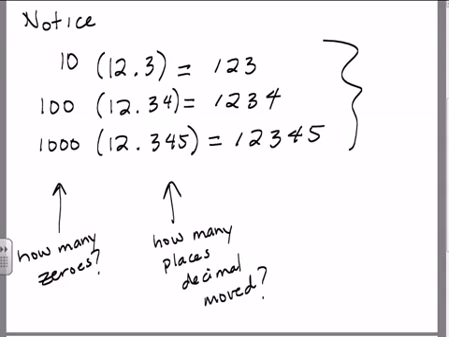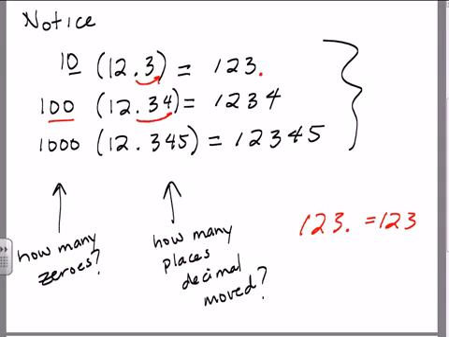So the shortcut is, notice how many zeros are in the 10. There's 1, and how many places did we end up moving the decimal? We moved it over 1, because a decimal at the end, if we have 123 point nothing, is just the way to write 123. In the second example, we have 2 zeros.